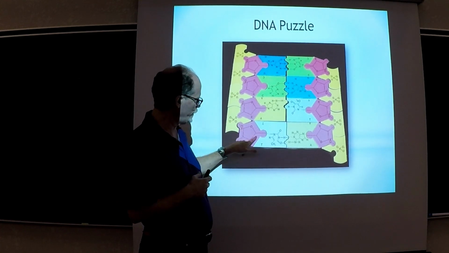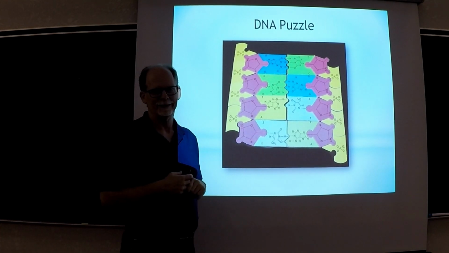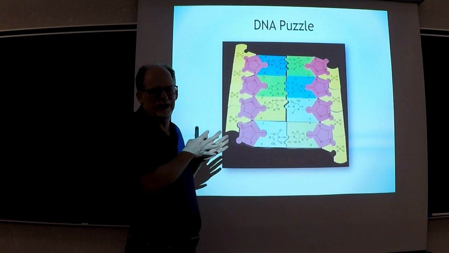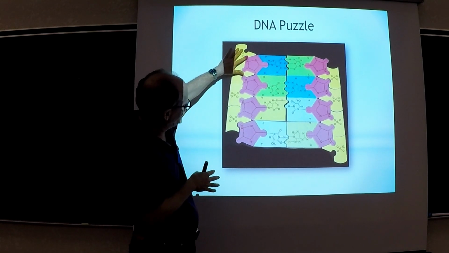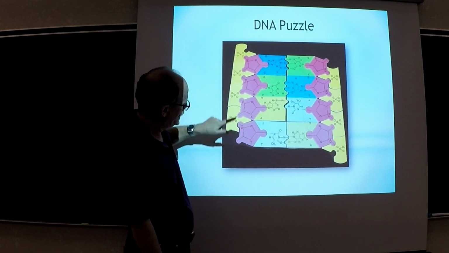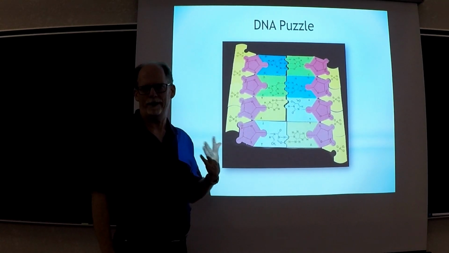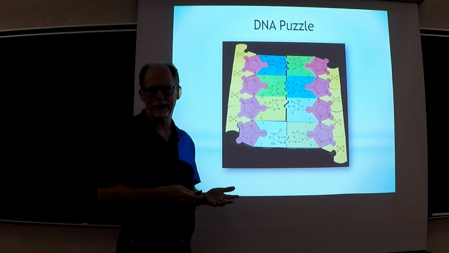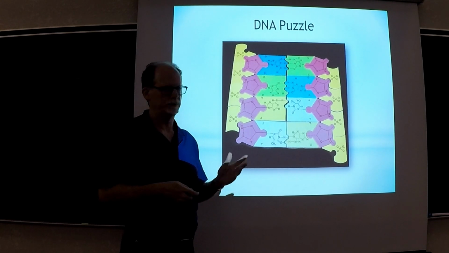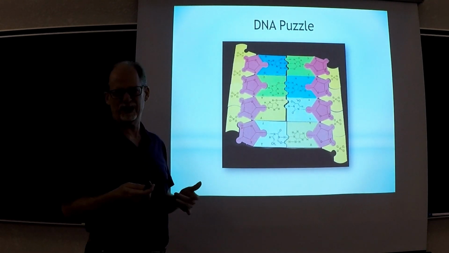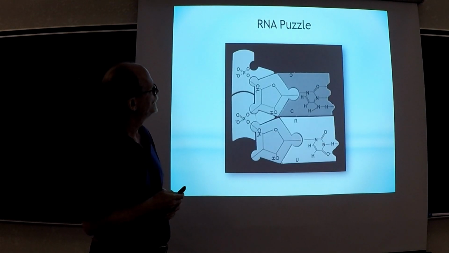So this phosphate goes with this nucleotide. So putting that puzzle together helps you see that, and that there are ends to the DNA. This is the 5' end, this is the 3' end, and we'll talk about what that actually means when we do the DNA chapter. It's like chapter 16, it's pretty far away.